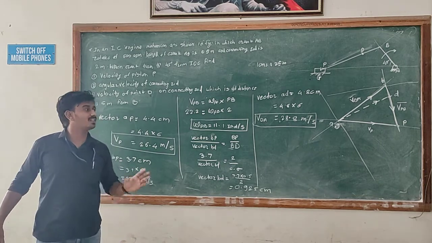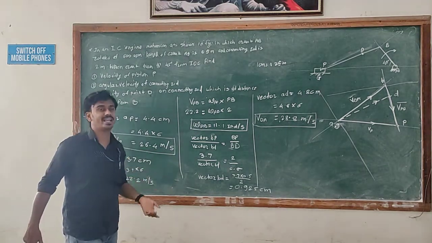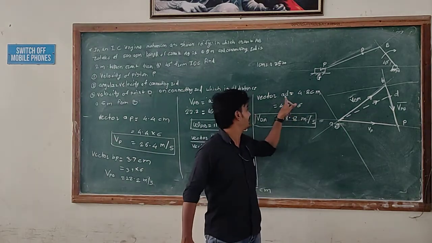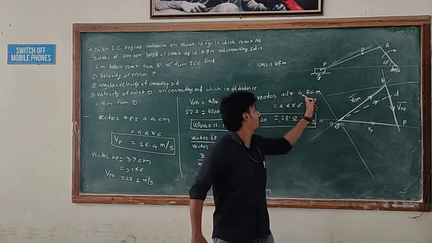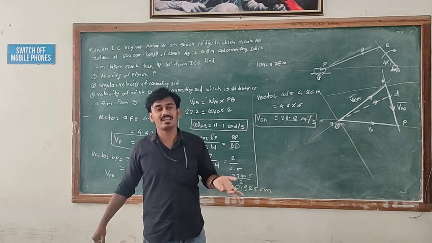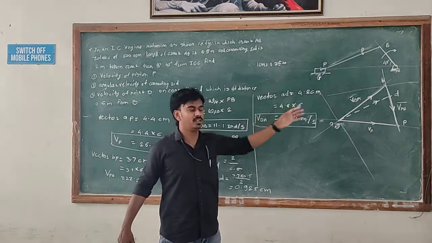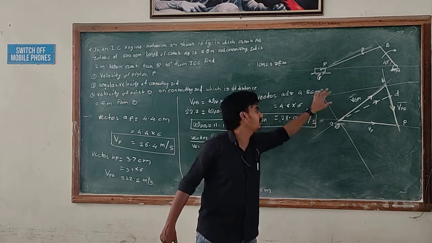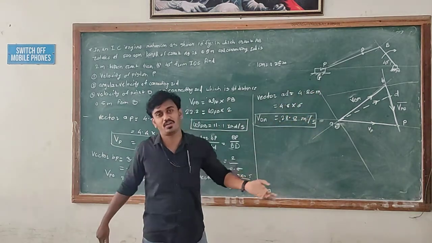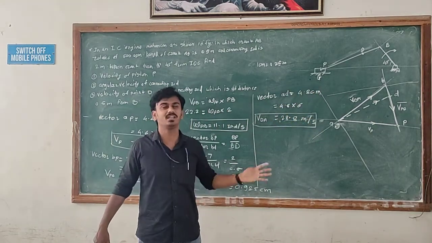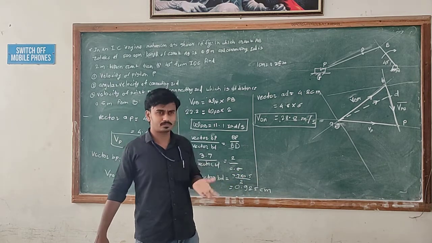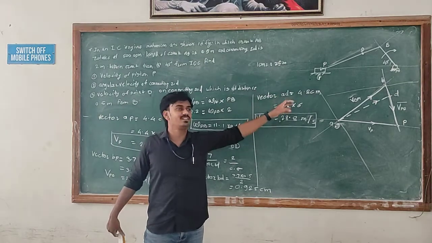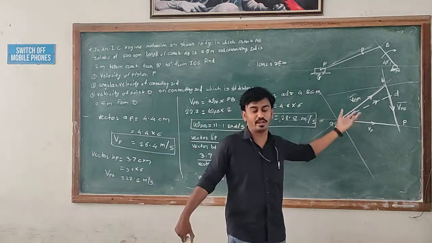While drawing the diagram, you may find some difference. Here my distance, vector AD, is 4.8. Your distance may vary from 4.8 centimeter. It may be 4.5 or up to 5 centimeter. This difference is acceptable, as it is the error obtained by drawing the diagram.